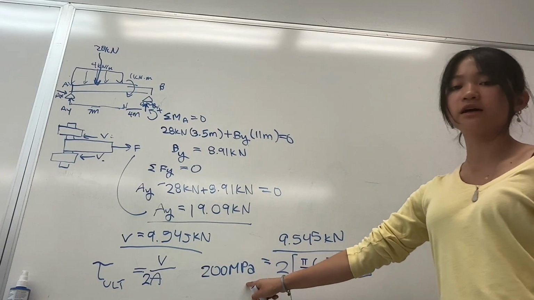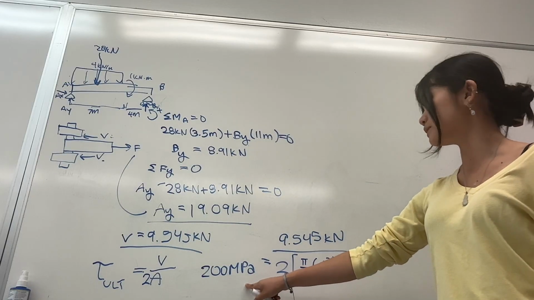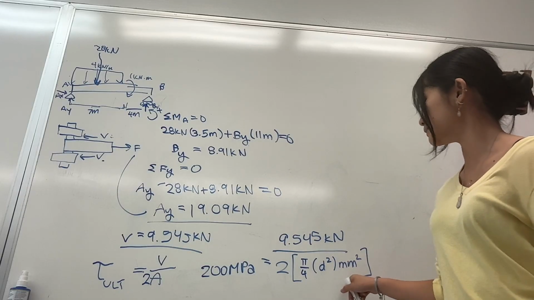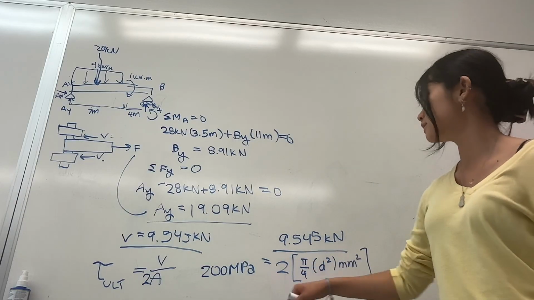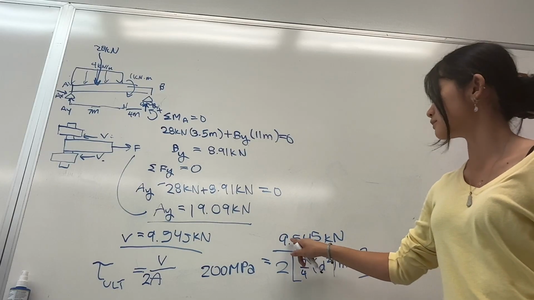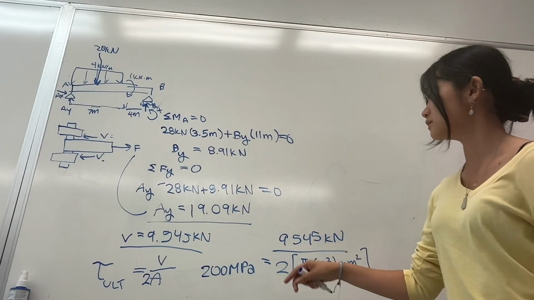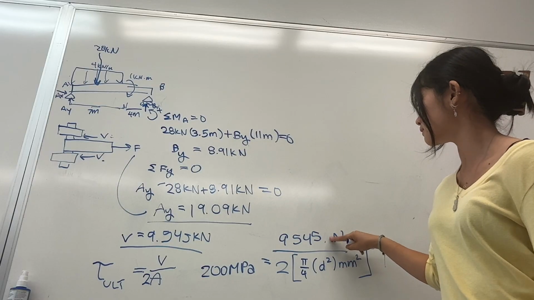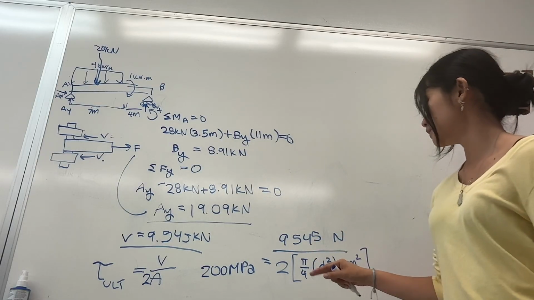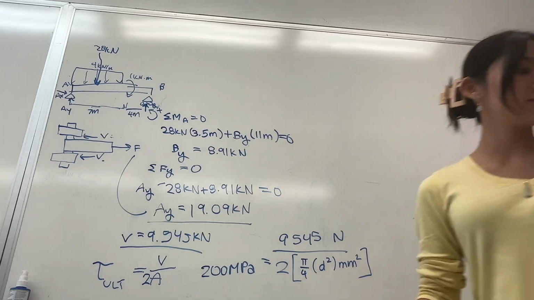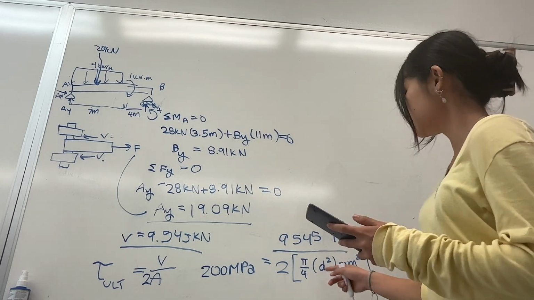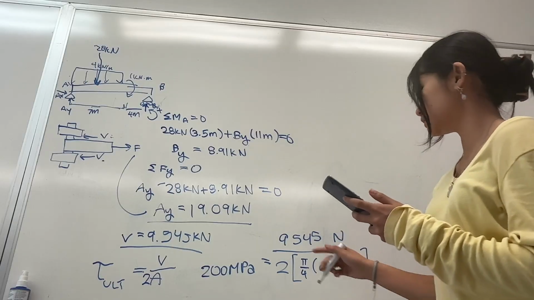Since megapascals is the same as newtons over millimeter squared, this in kilonewtons would convert to this in newtons, so 9,545 newtons. So we have this right here, and then we can solve for our missing D.